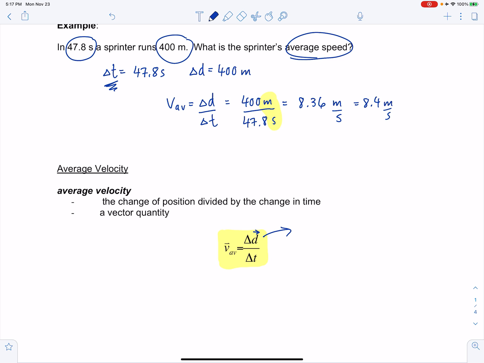Delta D with an arrowhead on top, if you look at lesson 1, means displacement. And delta T means elapsed time. So velocity is equal to displacement divided by elapsed time.